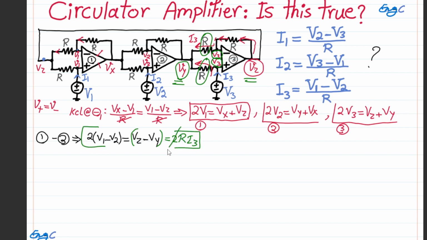So 2 cancels out from both sides, and what I get is exactly what I wanted: V1 minus V2 is R times I3, which is exactly matching one of the three equations that I was chasing to find, this one. That's exactly saying what we just found.